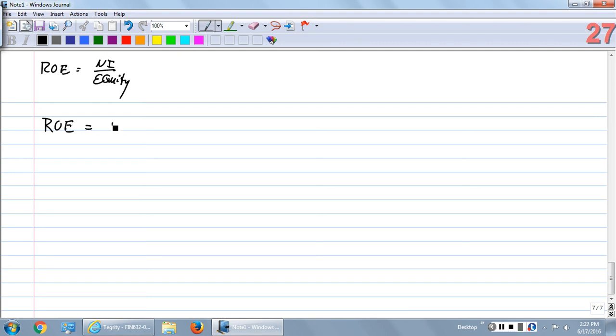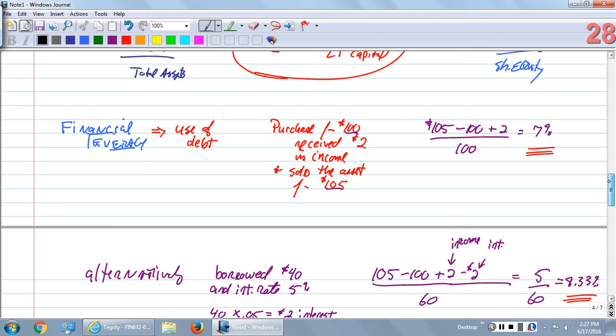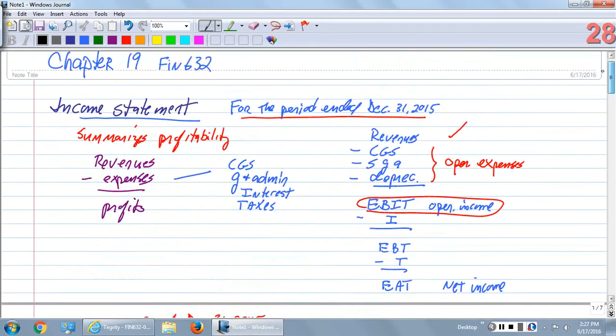Return on equity equals earnings after taxes, another name for that is net income. Okay, earnings after taxes divided by earnings before taxes. Give me just a moment. Go back to our income statement. Here's earnings after taxes. Here's earnings before taxes.